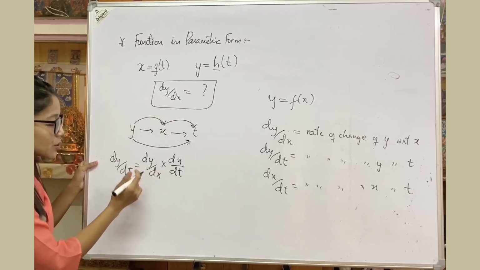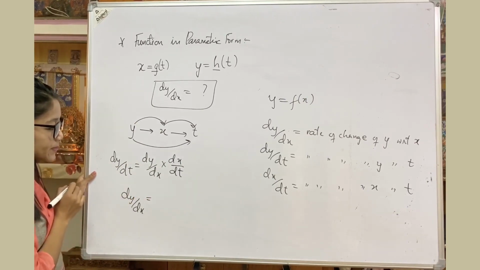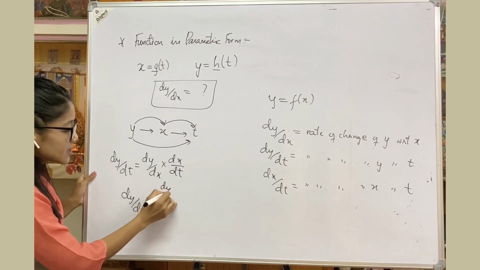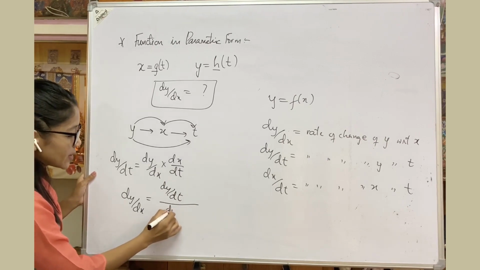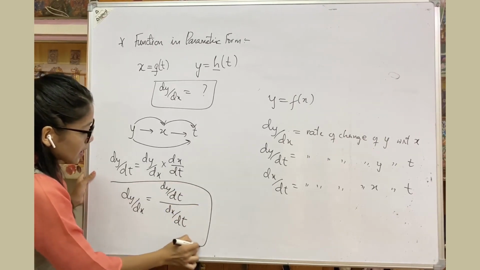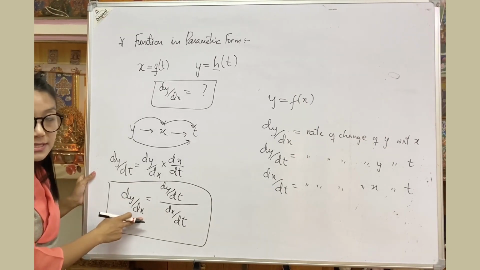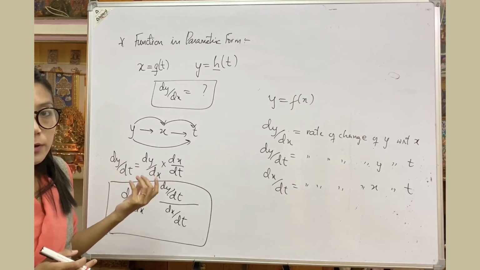So from this equation I will express dy by dx is equal to dy by dt, whole divided by dx by dt. So this is the derivative of y with respect to x when your function is expressed in the parametric form.